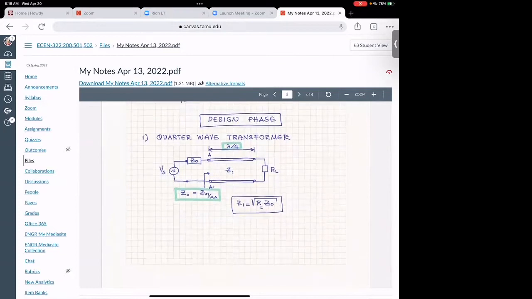It is only under this condition, if you have this Z1 and this length, that the input impedance at this point is Z0. It comes out of the equations of the transmission line. And it is in the book too. So we found it, and we write it here because I want you to remember it.